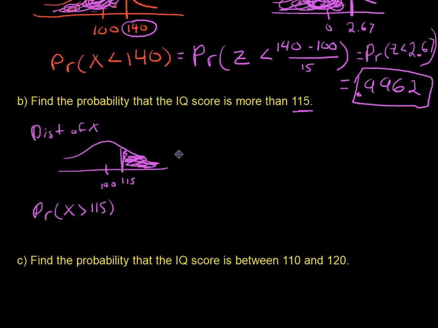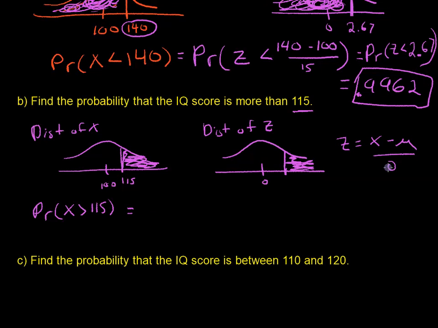All right, so the first thing I'm going to do is I'm still going to transform to the distribution of z. I want to find what this value here is. What is this value such that these areas are going to be the same? So to do that, I'm going to use my transformation. So z equals x minus mu divided by sigma.